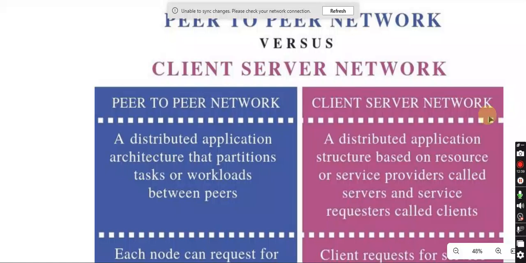This is a very good definition of the client-server model. The resource providers provide us the service, called servers, and the service requesters are called clients. That's what makes up the name client-server model. It's very easy to remember, not so complex, right?